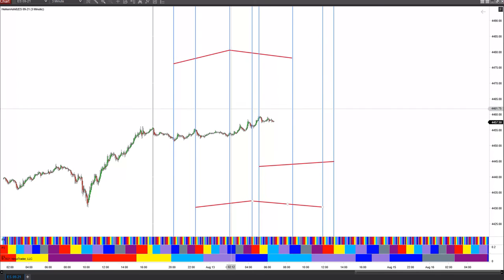So the first projection took us to this very minor high here, which was again basically inside of a triangle, so I wouldn't take that as a signal. And then the second projection is moving out to here. It's blue block and P2 to purple P1, and that's going to be coming in at about 838.